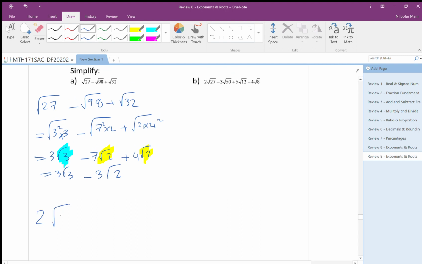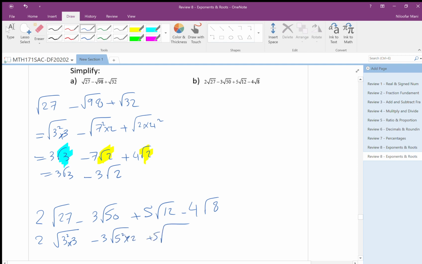2 radical 27 minus 3 radical 50 plus 5 radical 12 minus 4 radical 8, which is 2 radical 3 squared times 3, minus 3 radical 5 squared times 2, plus 5 radical 2 squared times 3, minus 4 radical 2 squared times 2.